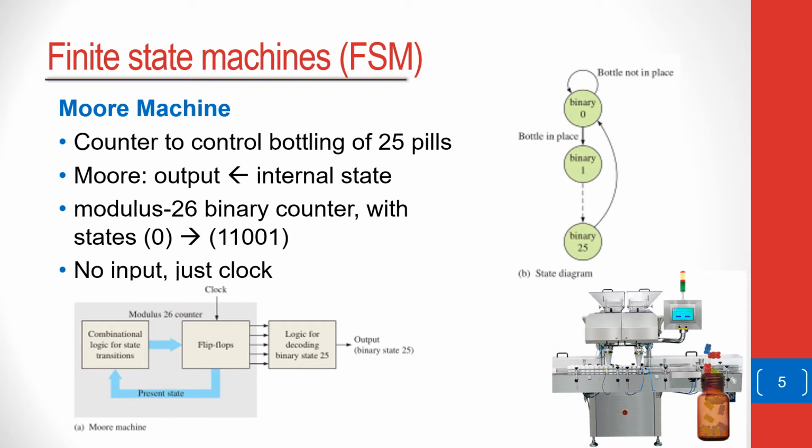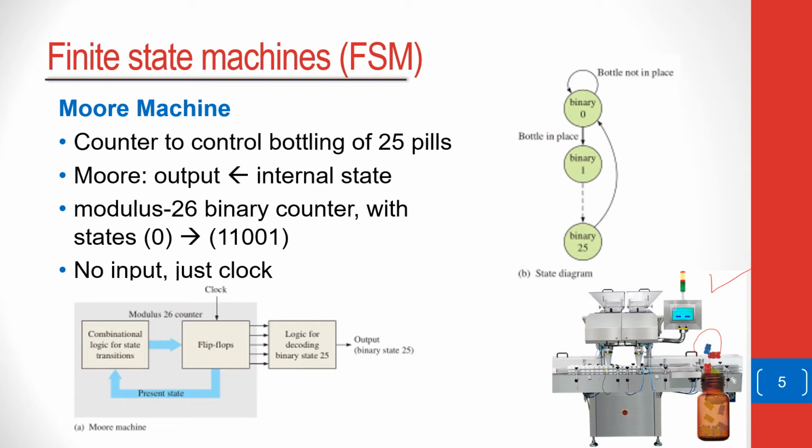Now, imagine a counter which is used to control a bottling plant, for bottling pills into a bottle. Let's say you have a bottling plant which bottles 25 pills per bottle, and the counter works like this.